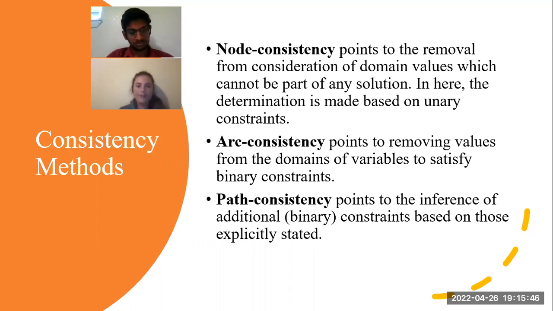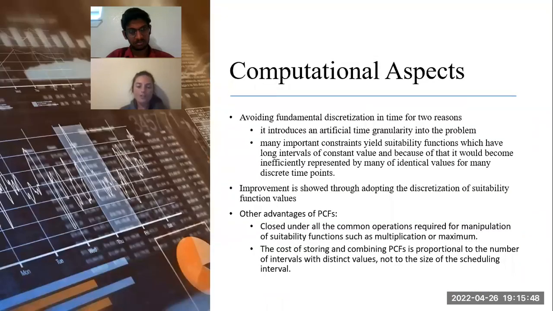Now let's continue to the next one, computational aspects. The implementation of a suitability function on digital hardware requires it to be discretized, either in time, value, or both. In Spike, any fundamental discretization in time has been avoided for two very important reasons.